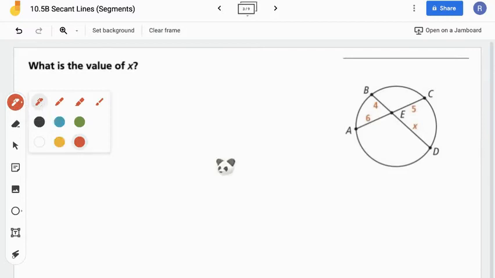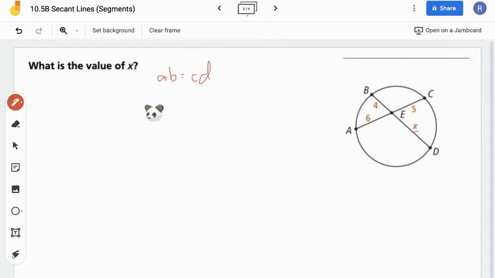Our first example says we're looking for something inside. Now remember, our equation here is a times b is equal to c times d. So it doesn't matter which part is a, b, c, or d, but make sure that a and b are on that same line, that same chord, and that c and d are the same chord.